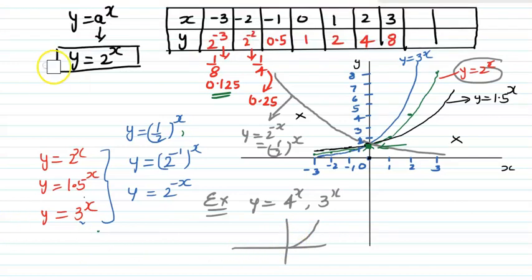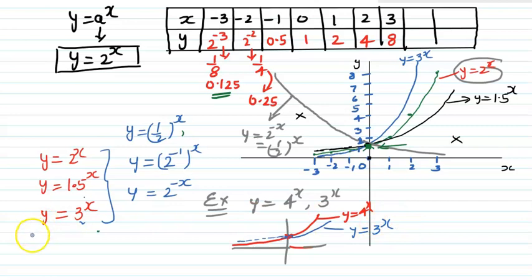So this is passing from 1, so this is y equal to 4 to the power x, and 3 to the power x will be a little bit below. But in the second quadrant, it will be above the red line. They all are passing from y equal to 1.